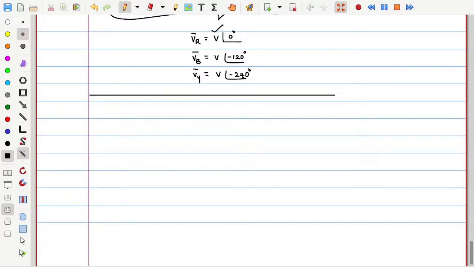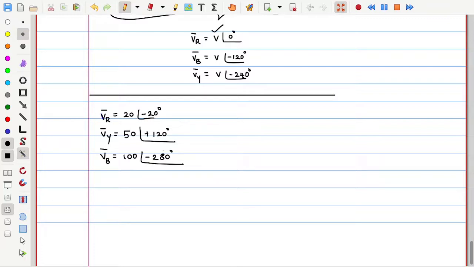Some voltages: VR is equal to 20 at an angle of minus 20 degrees, VY is equal to 50 at an angle of plus 120 degrees, and VB is equal to 100 at an angle of minus 280 degrees.